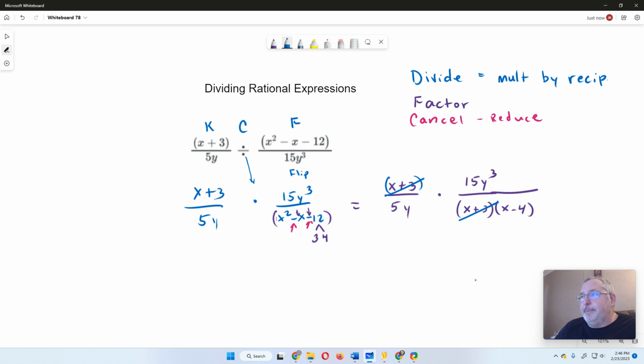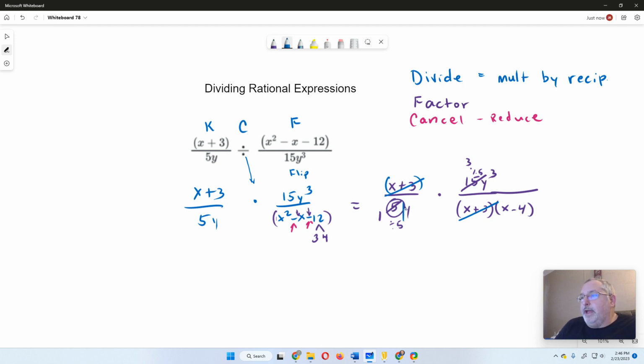So those cancel. Then we look to reduce. So how can I reduce? Well, I know that if I divide 5 by 5, I get 1. And if I divide 15 by 5, I get 3. So I can cancel the 15 and get a 3, and I can cancel the 5 and get a 1.